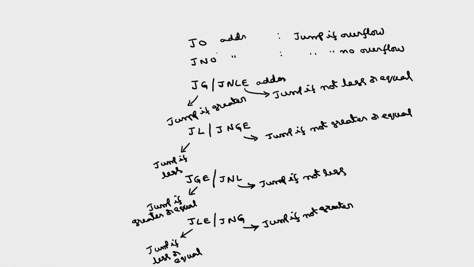So totally we have 10, 11, 12, 13, 14 and we have 2 more jump instructions, which correspond to jump if CX is equal to 0 address.